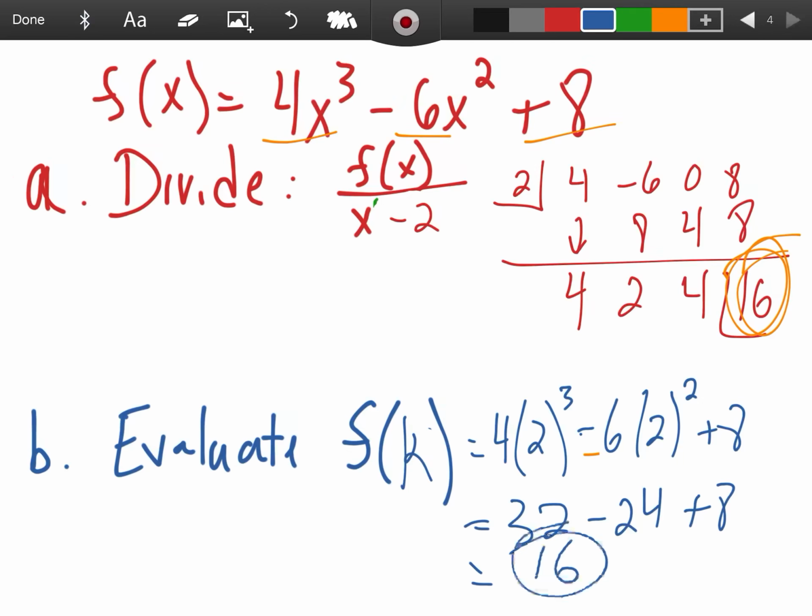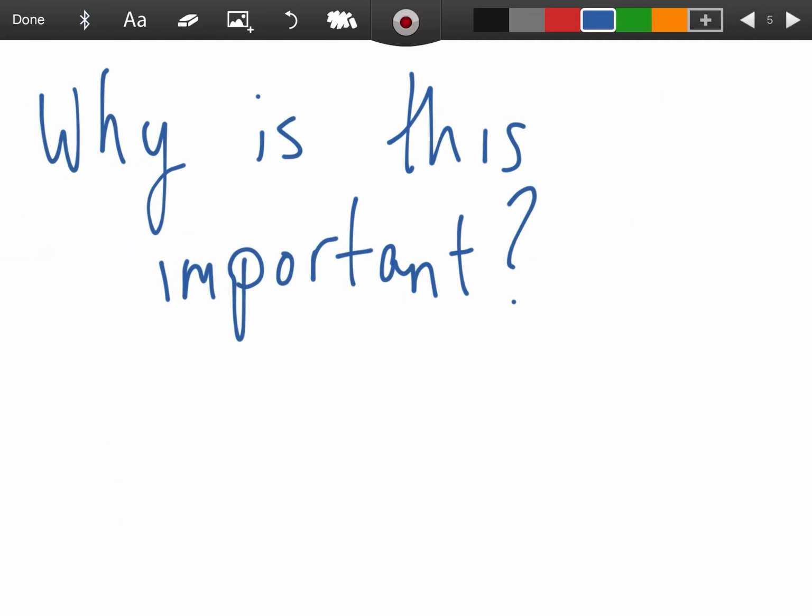Now, why is this important? Why would we ever really care about the remainder theorem? Well, the whole purpose of dividing polynomials is to be able to factor polynomials of a higher degree. If you had a polynomial like this, we want to be able to factor it.